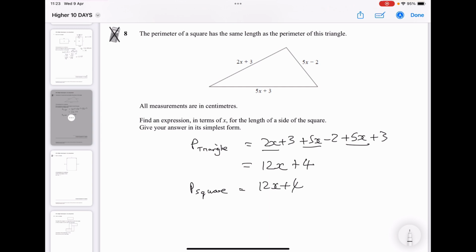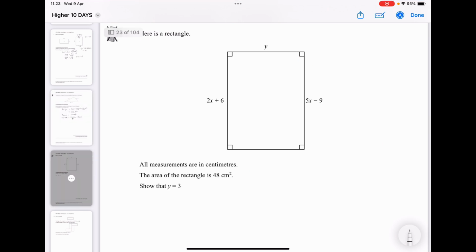So one side equals 12x plus 4 divided by 4, because there's 4 sides, which is 3x plus 1. Okay, one side is that, 3x plus 1. That's easy.